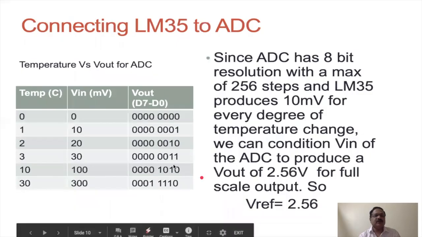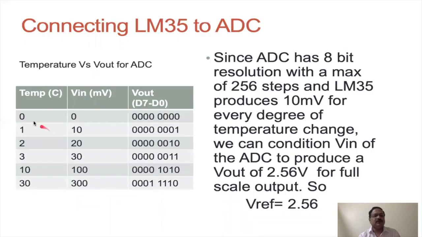Here you can see how the thermistor output works. From this table, suppose the temperature is 0 degrees Celsius, you will get 0 millivolt, and the output you get is 0, 0, 0, 0 on the D0 to D7 data lines. If the temperature is 1 degree Celsius, you will get 10 millivolt. If it is 2 degrees Celsius, you will get 20 millivolt.